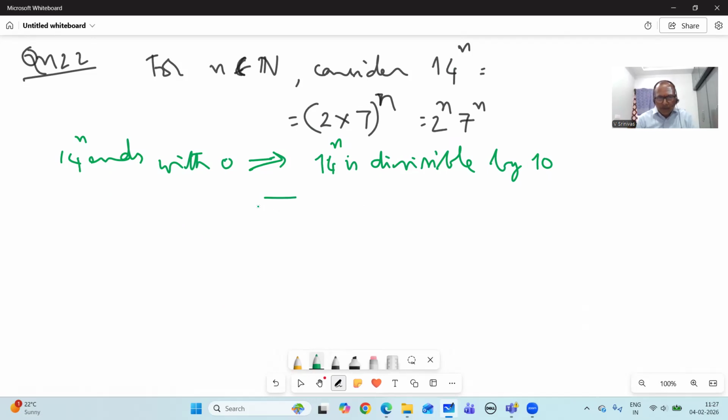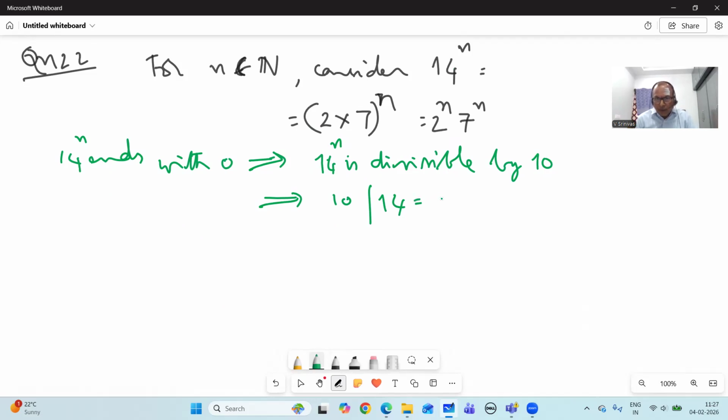If 14 power n is divisible by 10, it means 10 is a factor of 14 power n, meaning 10 divides 14 power n. So 10 divides 14 also. From here you get 10 divides the base 14.